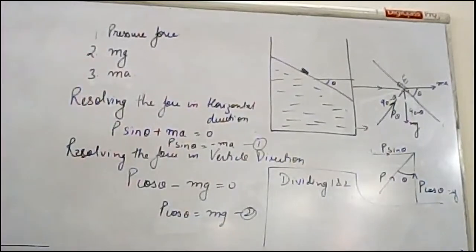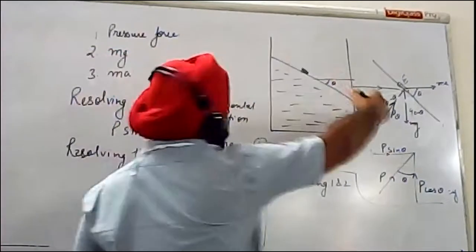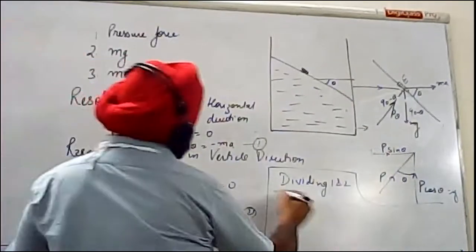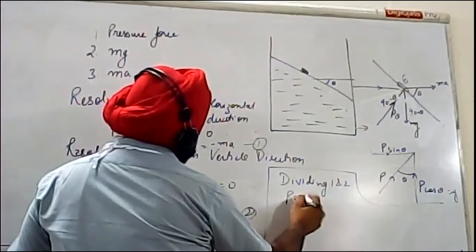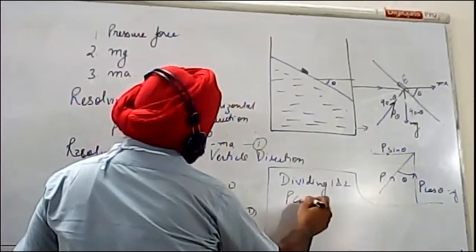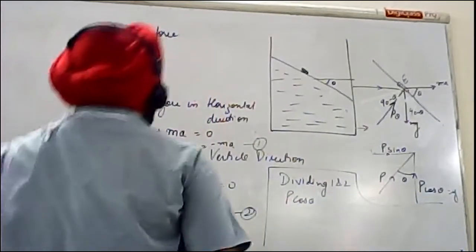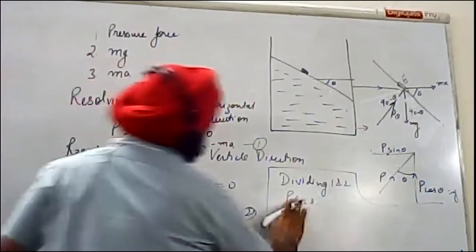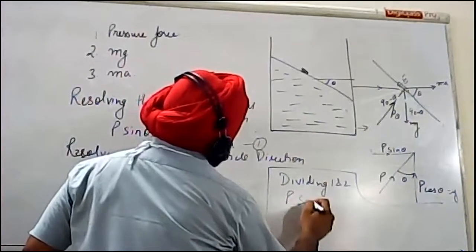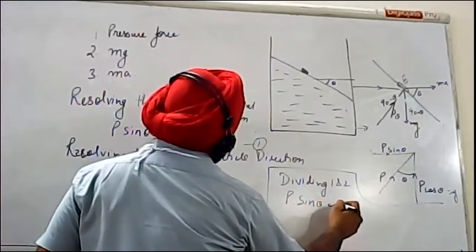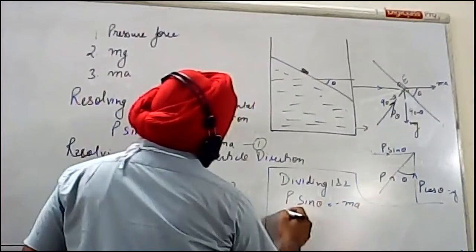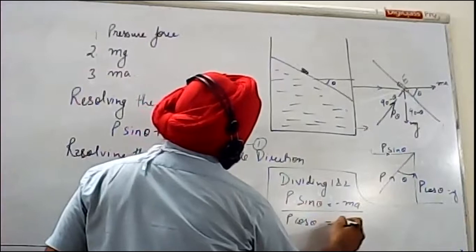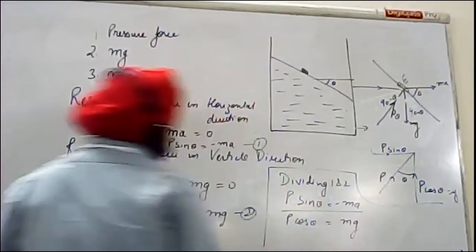Basically, what is to be calculated? This angle that the top surface of this liquid will form. So if you divide this, P sin theta is equal to minus ma divided by P cos theta is equal to mg, right?